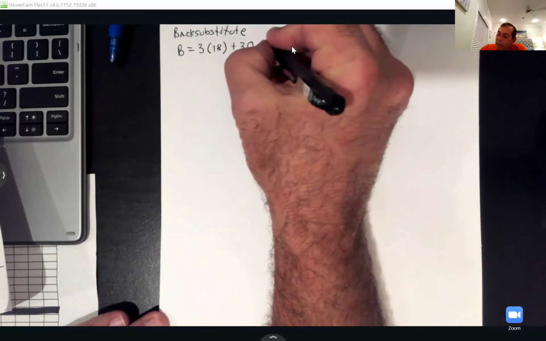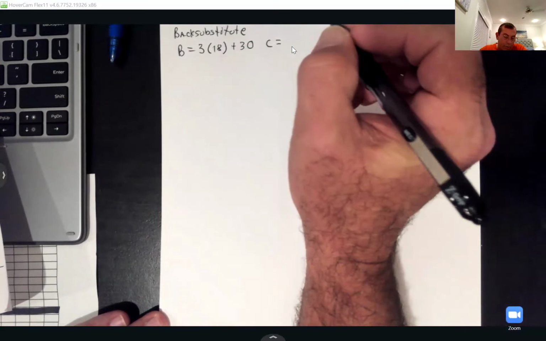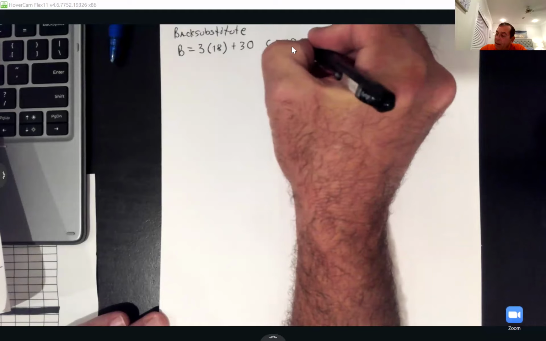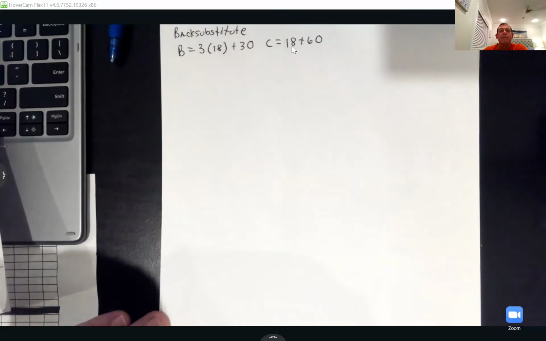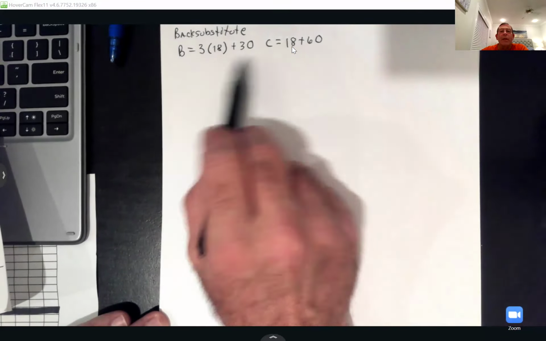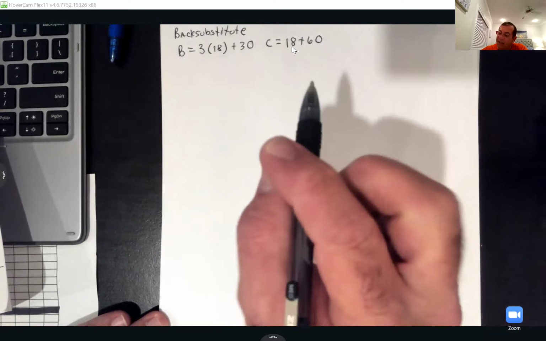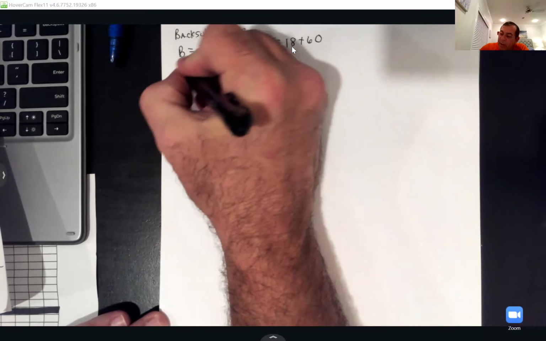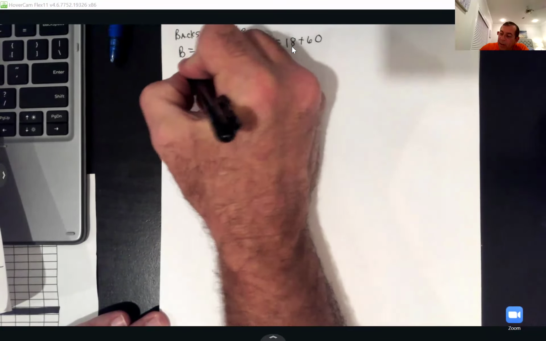In the other one, it'll be C equals A plus 60. Well, that'll just be 18 plus 60. So I'm going to work both these out. That'll give me B and C. So here, 3 times 18 is 54. So I'm going to have B equals 54 plus 30.